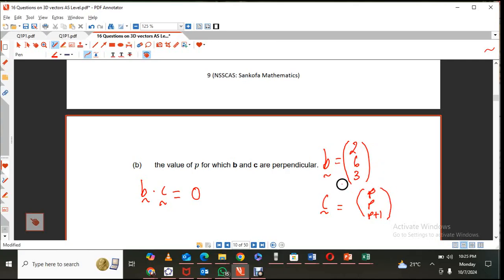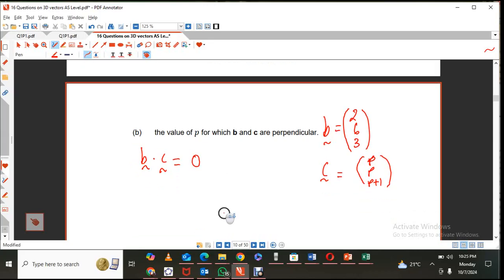Now when we find the dot product, we have to let it equal 0, and that means we're going to say 2 times p plus 6 times p plus 3 times p plus 1. Well, that should give you 0.